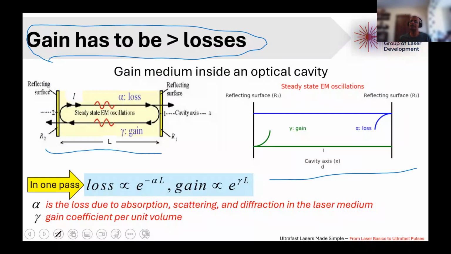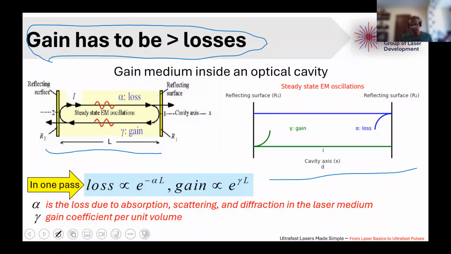You cannot prevent the losses. When there is a cavity, cavity mirrors, tube, crystal, any container or something like this, there will always be losses. You cannot make anything loss free. So what we can do is have enough gain, enough amplification to overcome the losses.